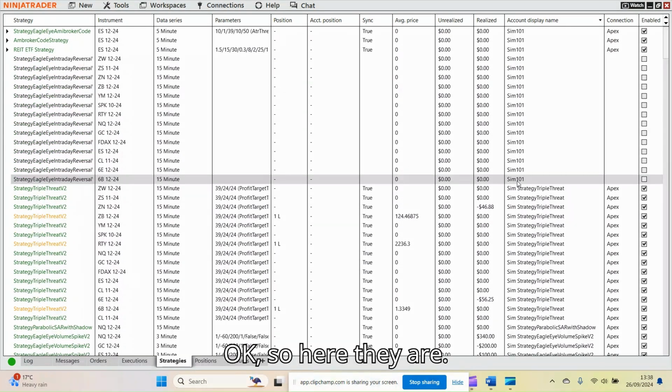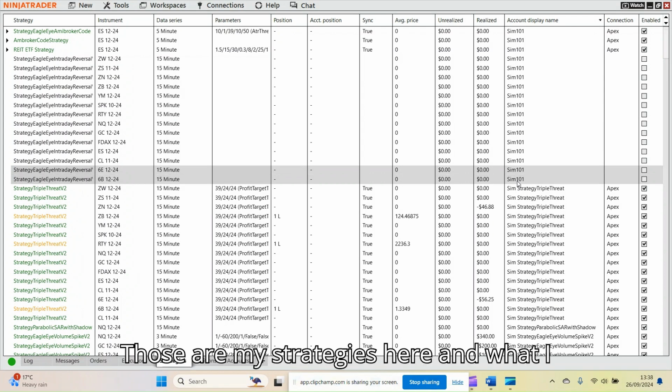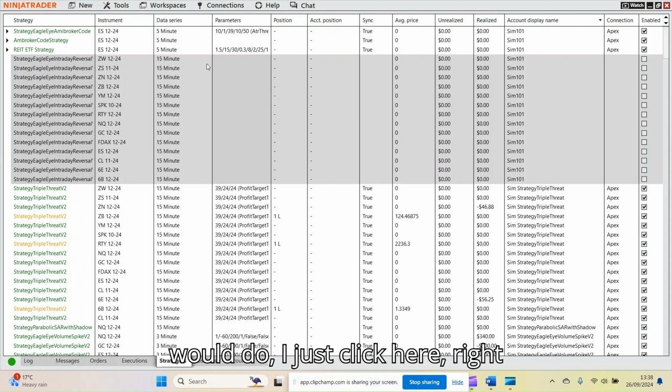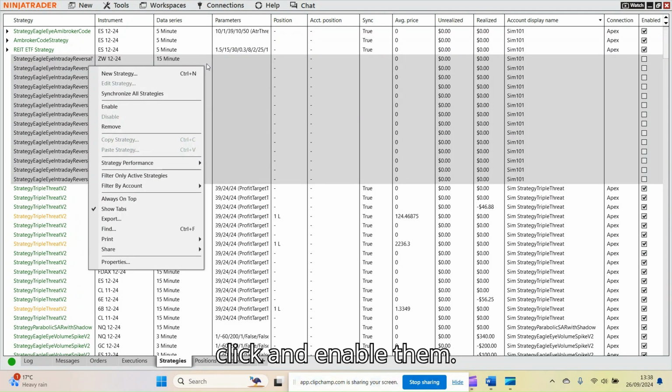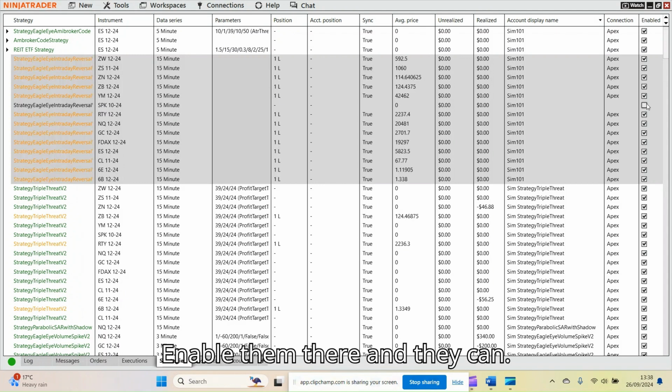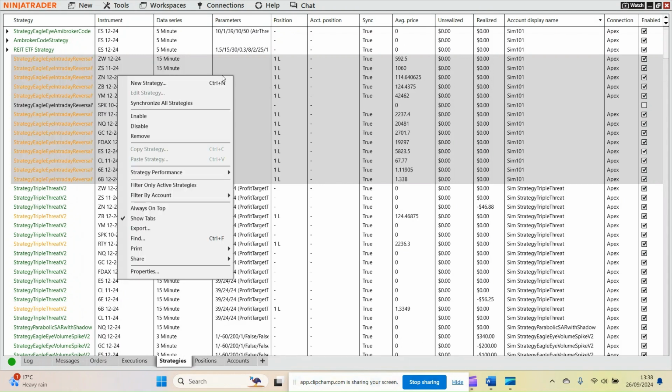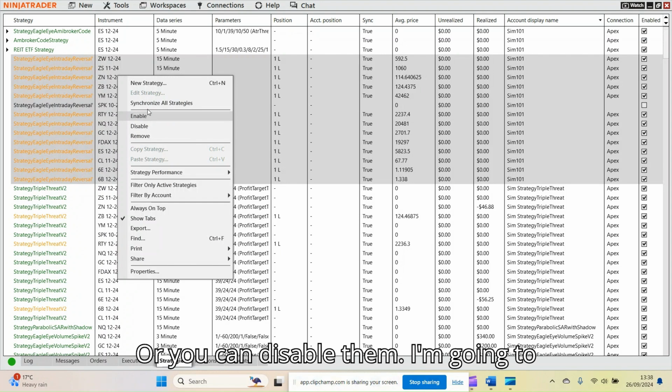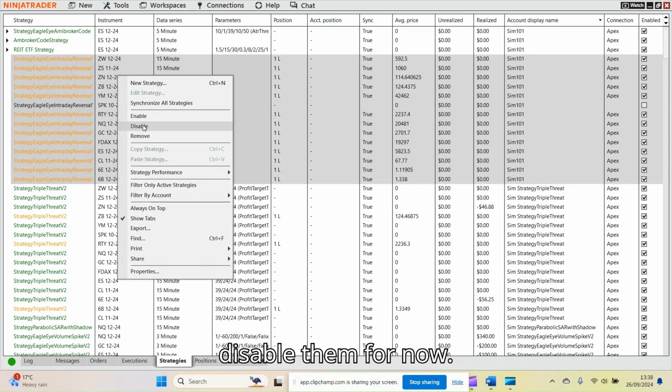And what I would do, I just right click here and enable them, or you can disable them. I'm going to disable them for now.